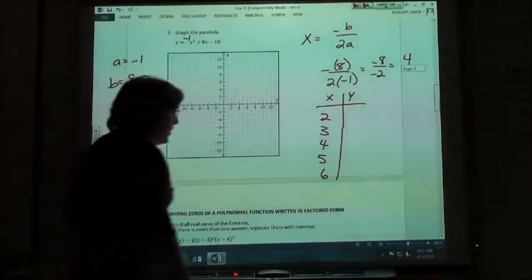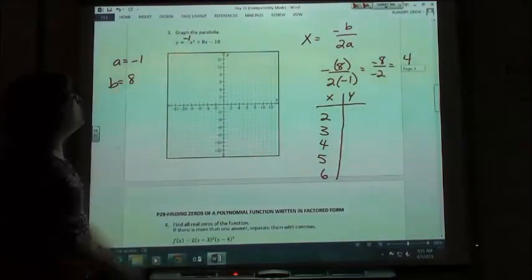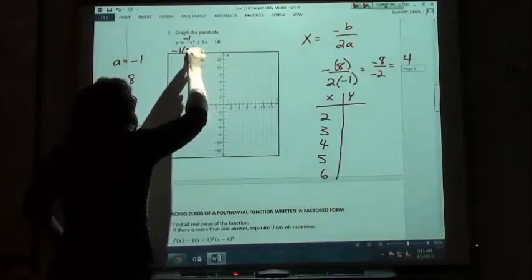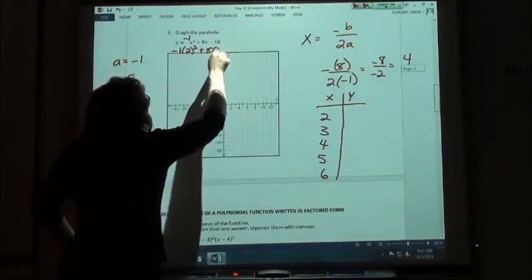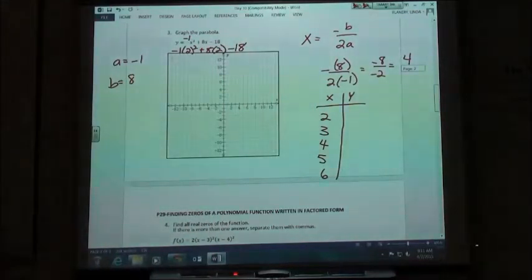So now we got to plug them in. So if it helps to put the 1 there, you could do that. Negative 1 parentheses 2 squared plus 8 parentheses 2 minus 18. Otherwise you could just use the negative sign.